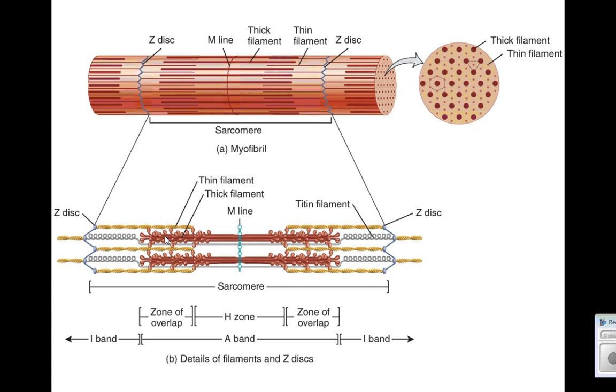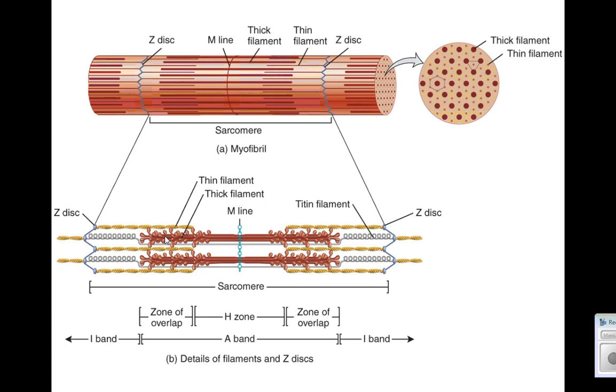Now, I like this model and that top image better than the bottom image, even though the bottom image is a little bit more detailed, because it shows that you have to think three-dimensionally when you think of myofibrils. They're cylindrical structures, and we kind of show that here. If we look at the end of the image here, where we see these big red circles, they represent the thick filaments.